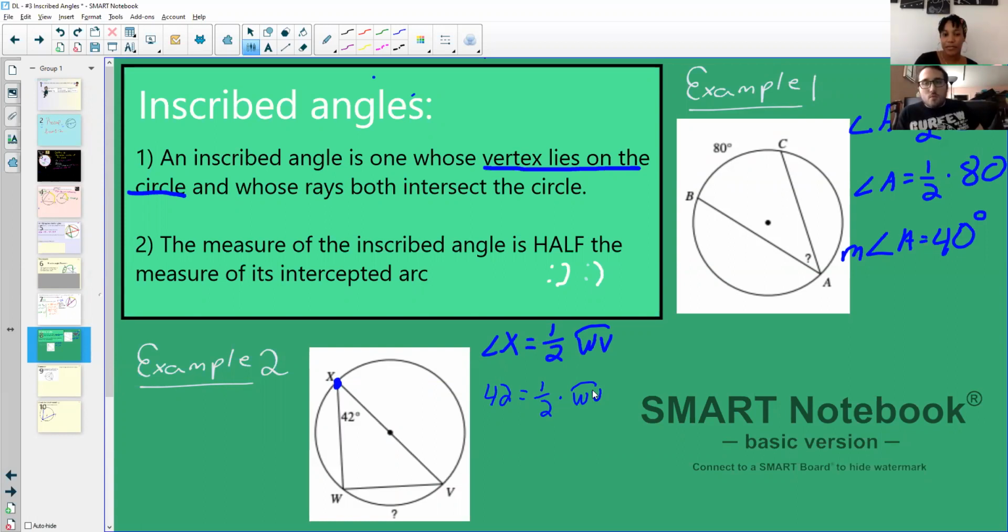What's the opposite of halving something? Yeah, you double it. Multiply both sides by 2. Times 2. So what's 42 times 2? 84. Boom. 84 degrees equals the measure of arc WV.